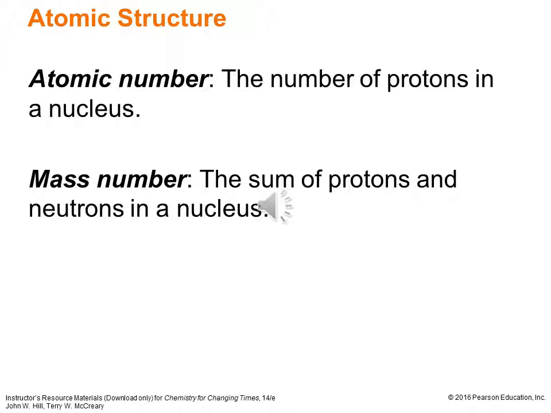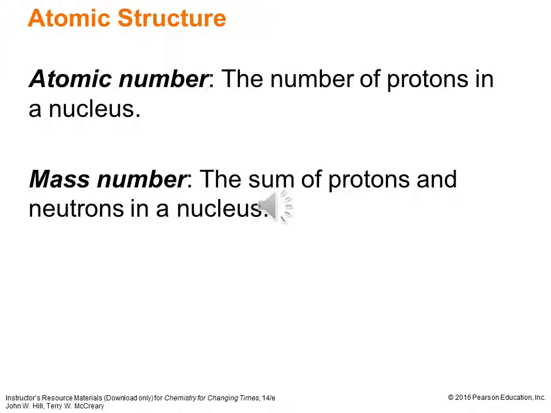So first we'll have to talk about atomic number, and that's the number of protons in the nucleus, and that gives us the particular element that we're considering. So if, as I said before, we're element number 1, atomic number 1, meaning 1 proton in the nucleus, we're hydrogen. If we're atomic number 3, 3 protons in the nucleus, we're lithium, and so on and so forth.